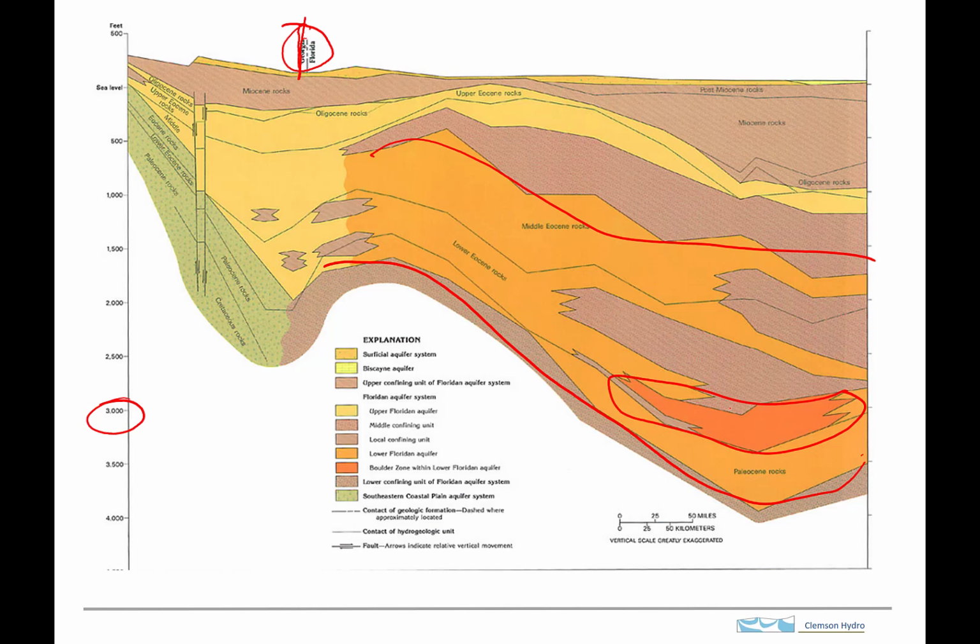So this isn't really an aquifer containing fresh water, but this is a zone that's important in Florida because it's a karst zone that has very high porosity and is used for waste disposal.